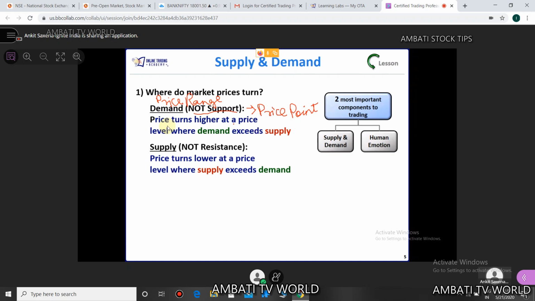Price turns higher at a price level where demand exceeds supply, where the buyers are more than the number of sellers. Again, supply, not resistance. Resistance means price point, whereas supply means price range.